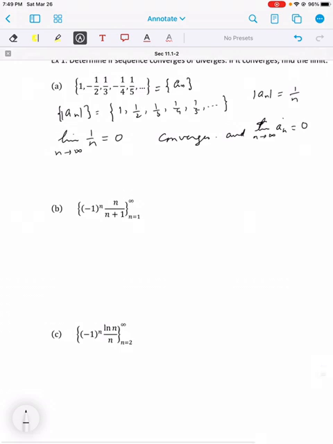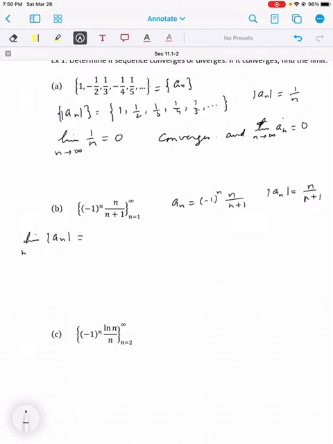Okay, looking at the next example, so here you can see a sub n is (-1)^n times n over n plus 1. So the absolute value of this will be equal to just n over n plus 1. So what absolute value does is it drops the negative sign.